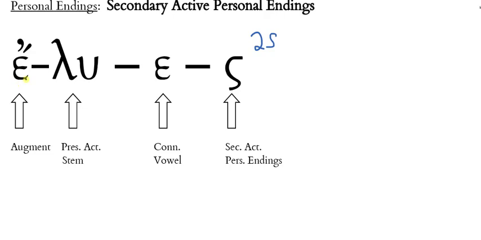Epsilon tells me it's past time, and because I'm using the present stem here with no tense formative, this is going to have some kind of a past time but progressive or continuous nuance. So how would we translate that? You were loosing, past time. Make sense? Lues, present active indicative, would be you are loosing. Okay, so it's a difference between are loosing and was loosing in our forms.